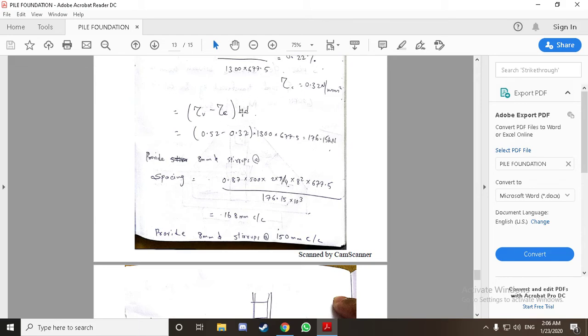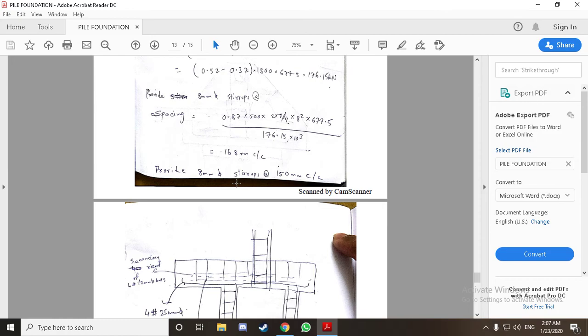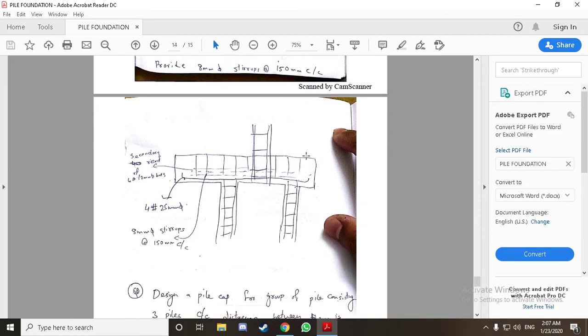This tau c into Bd will give us the value which our pile cap will take, but a little more has to be done by the reinforcement. That's why we are providing stirrups. From this formula we get the spacing as 168 mm center to center. We round it down to 150 mm. We are providing 8 mm stirrups at 150 mm center to center.